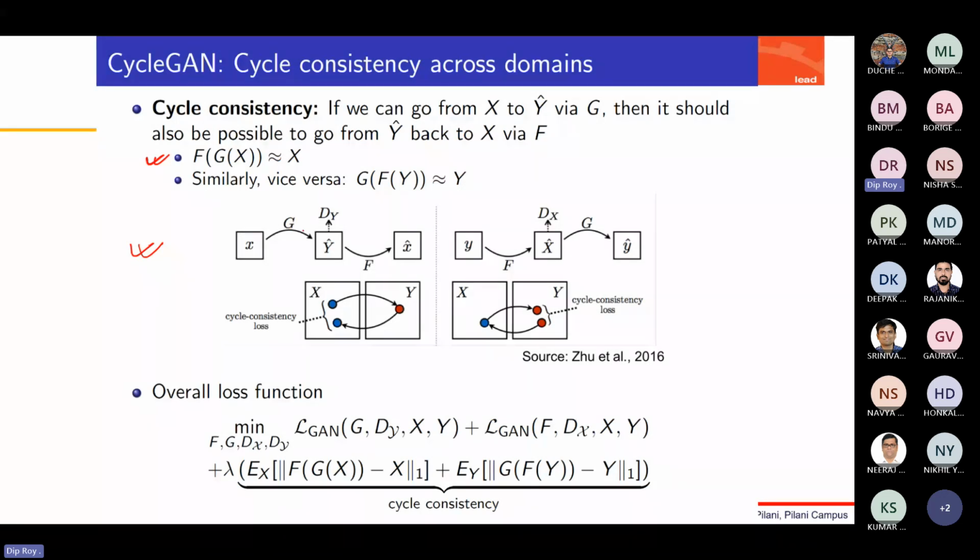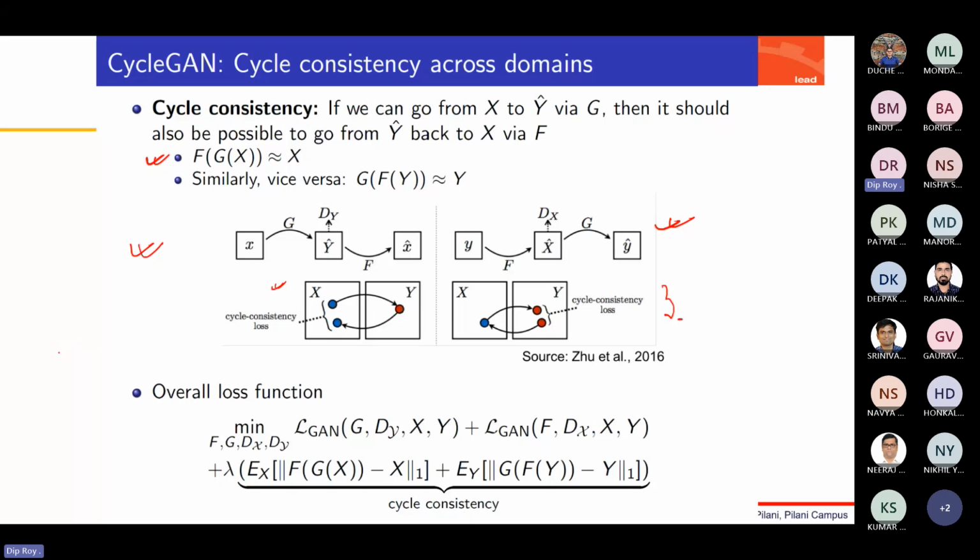You go from X to Y hat, and you come back from Y hat to X hat. And you have a discriminator trying to find the cycle consistency loss. The similar thing happens here as well. You go from Y to X hat and X hat to Y hat via the G and F functions, and then you have a cycle consistency loss here.